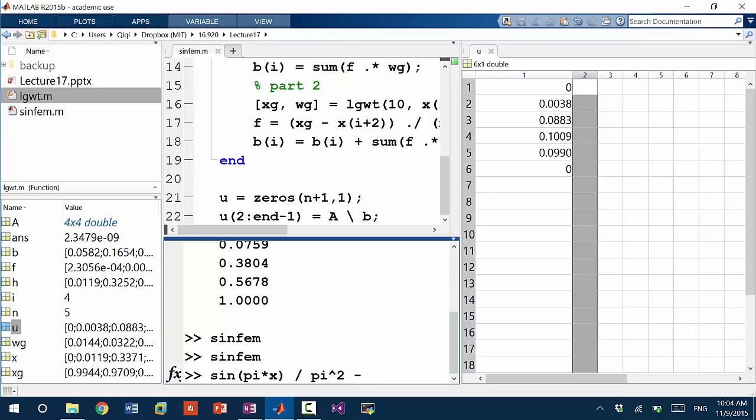Let's take this minus my u. What do you think the order of magnitude of the error is? Remember, we have a sine function. It's not a polynomial. Just give me an estimate with 5 points.